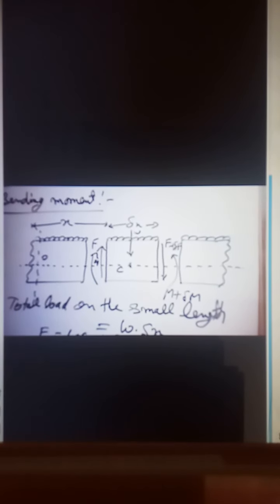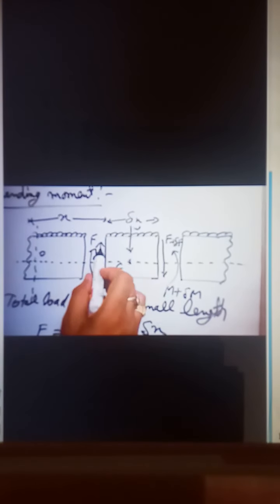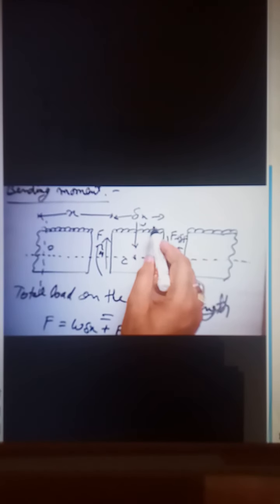So now taking the moment about C. We have this M, this particular force, so the distance will be delta x by 2, and moment M, so M plus F into delta x by 2, plus this particular force at again the distance delta x by 2, plus this particular moment. The algebraic sum of this should be 0.